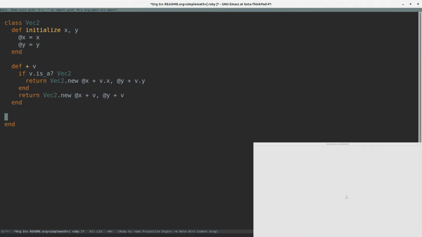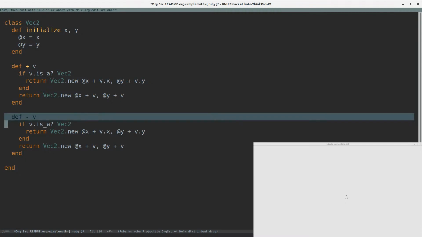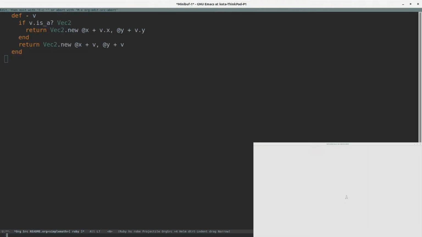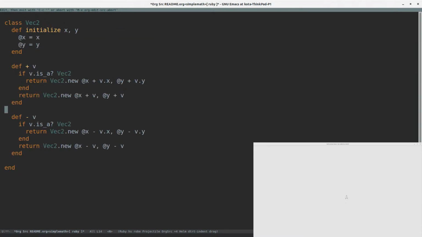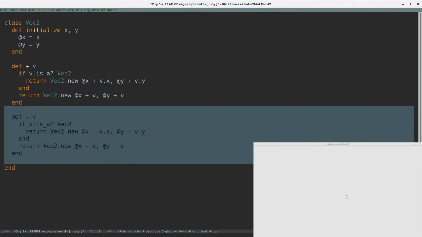So essentially what we're doing here is constructing the basic parts of our new vector library, plus, minus, and so on, and then we'll do that again.